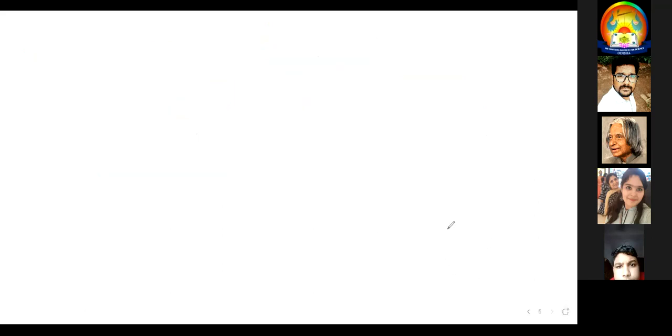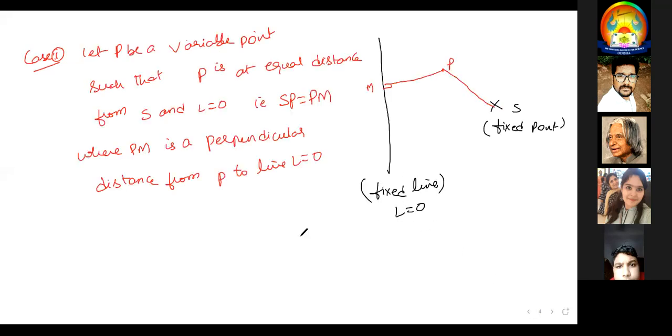Now case 2. Why are we writing y equal to 0? It's not y, it's L equal to 0. Where did I write y equal to 0? L equal to 0 means, for example, 2x plus 3y plus 4 equal to 0.